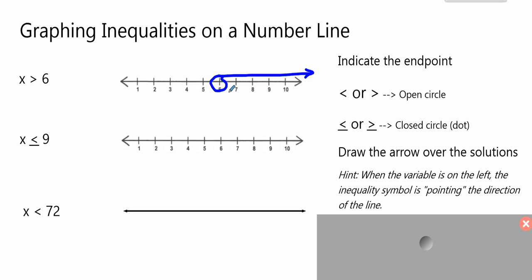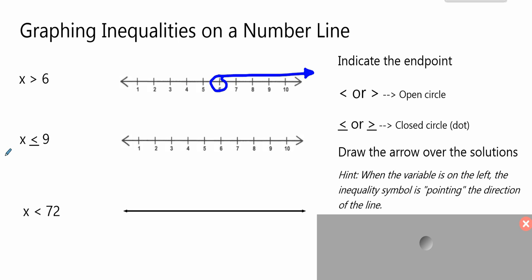What values of x are greater than 6? 7, 8, 9, 10, and so on. It just keeps going forever and ever. That's what an arrow means in math. Rather than write them out, we want to be able to communicate this graphically as well. It's just that straightforward, really.